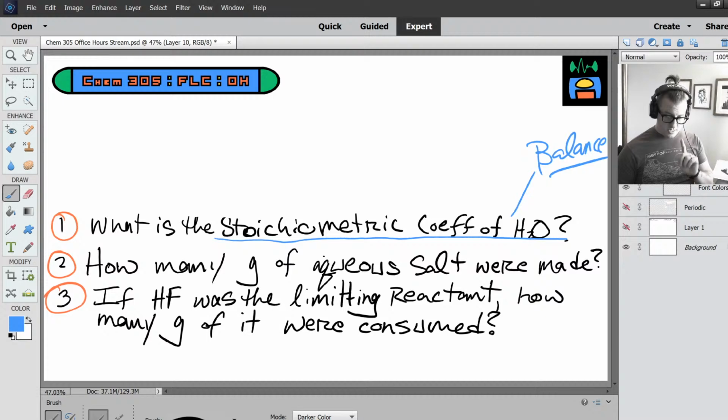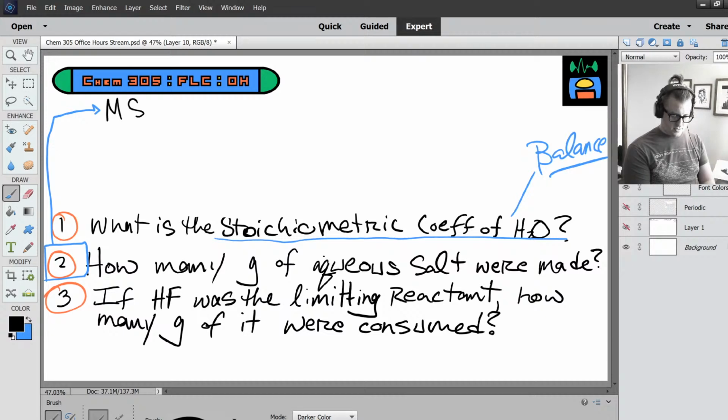Now, with number 2, kind of my starting hint is we've got our molarity of salt, right, which is moles of it over liters.